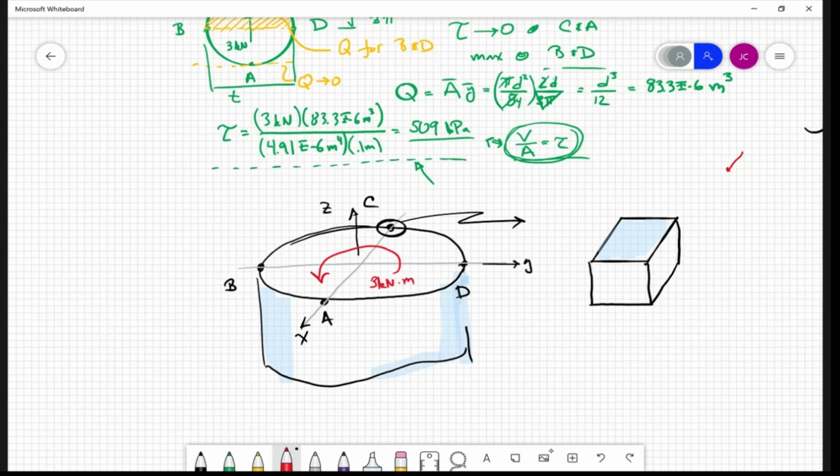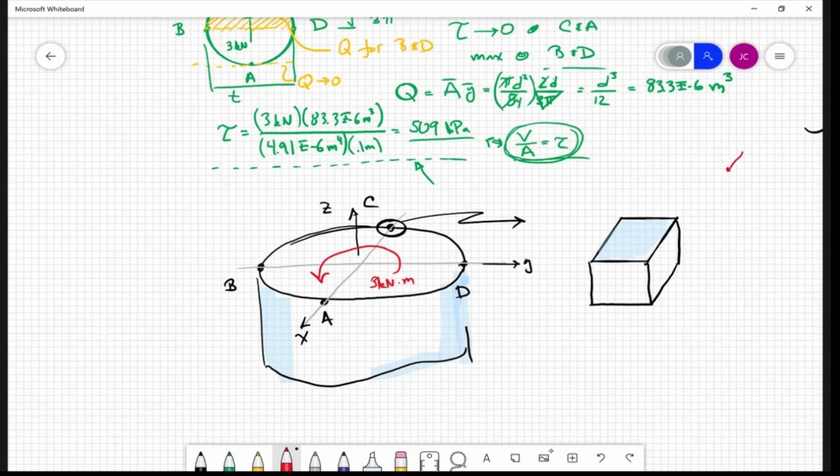Always think about it like this: here's the surface that's cut, right? That torque wants to shear around, if you're looking down on it, in a counterclockwise manner. So that means its traction is going to act at point C in the minus Y direction. At point B, it's going to act in the minus X direction.